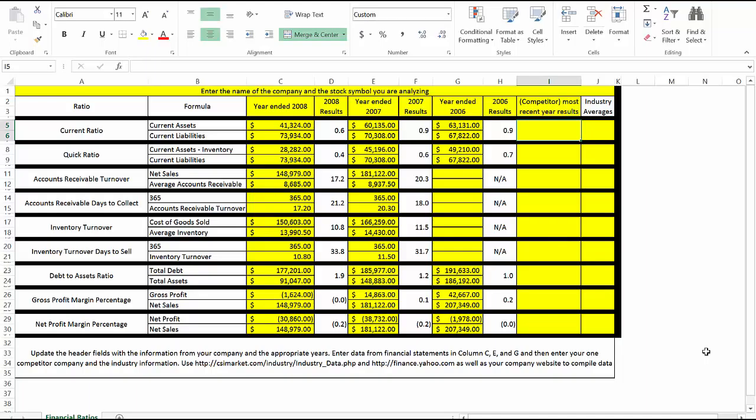So first of all, let's look at current ratio. The current ratio is the current assets divided by current liabilities. Now, the way that I like to teach this is I tell students to think about your own financial situation. If you have more assets than you have liabilities, you would probably feel pretty good about that, right?